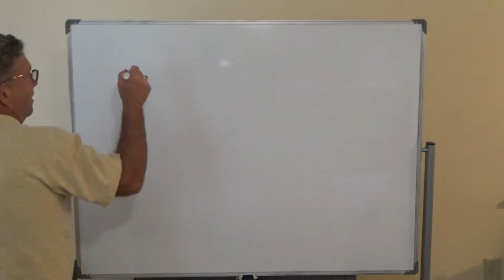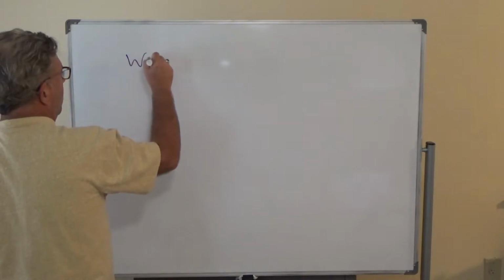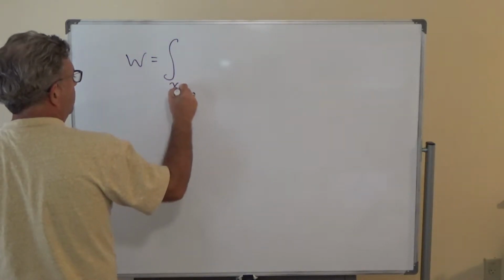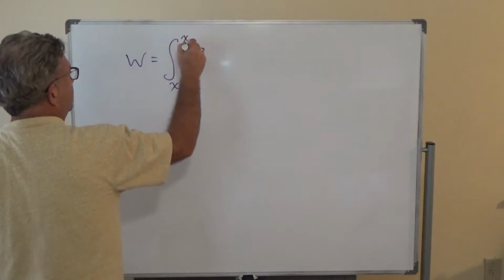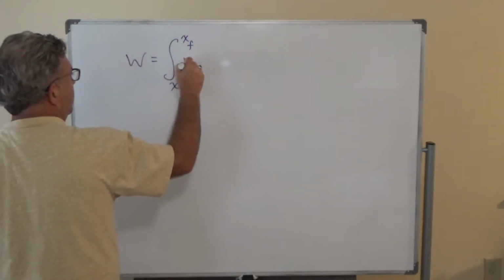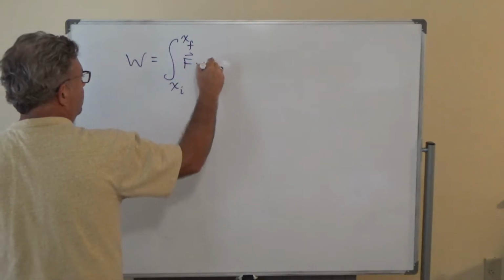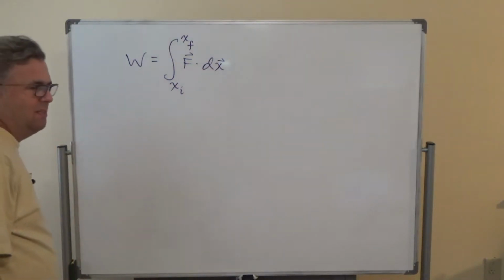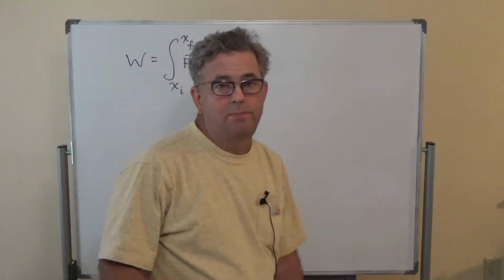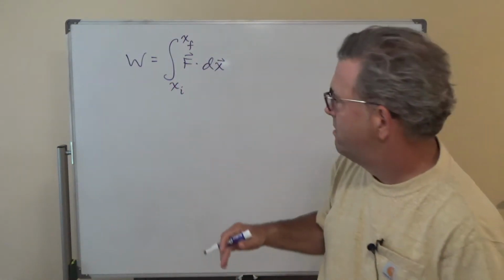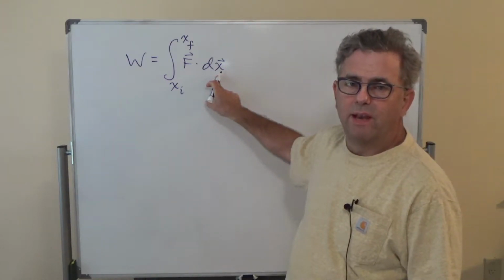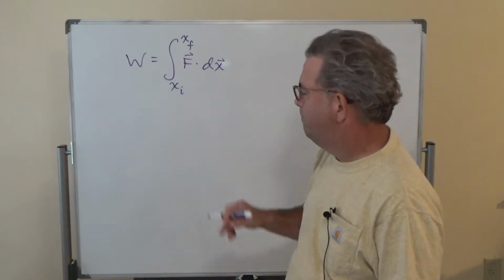We know that, like we've said a bunch of times, work is equal to the integral. This is a one-dimensional case, x initial to x final of f dot dr. I'll make this a little dx. That's our dr, that's the displacement, except that's a little displacement in the x direction, okay?